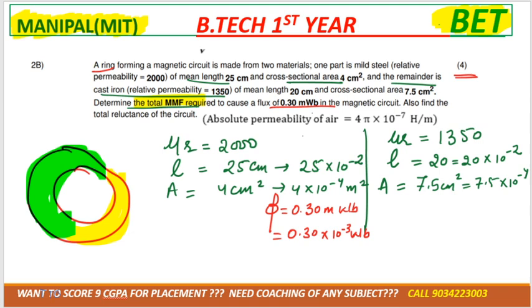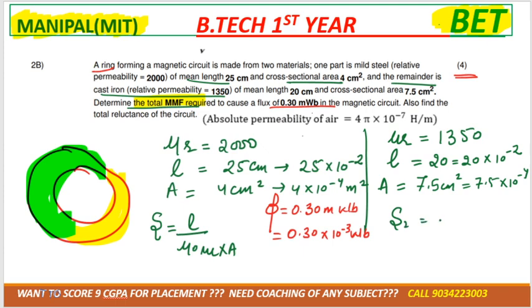For that, phi is given but we need to get S, right? So how can we get S? We have two reluctances, so we need to calculate both. The reluctance formula, as you know, for the first material is L divided by mu naught mu r into area.